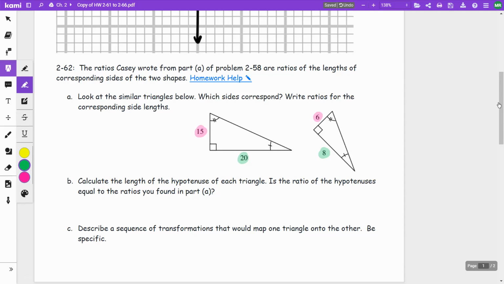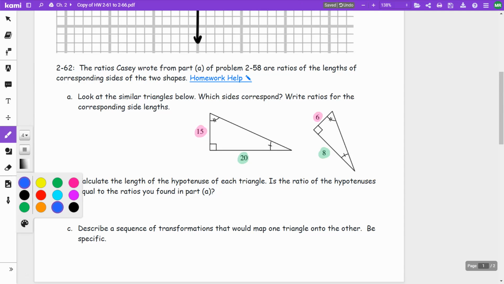And how you can check that is that across from that angle is the 15. Okay, and across from this one is the 6. And across from this double angle here is the 20, and then across in the other one is the 8.